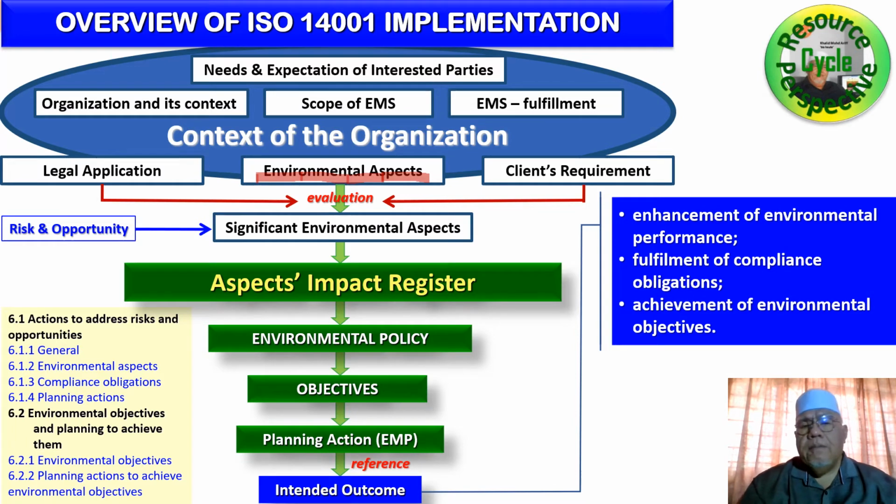So it's there. On top of that, or after we have done the input-output analysis of all processes of all departments in our organization within the scope of the certification, what we do is evaluation.